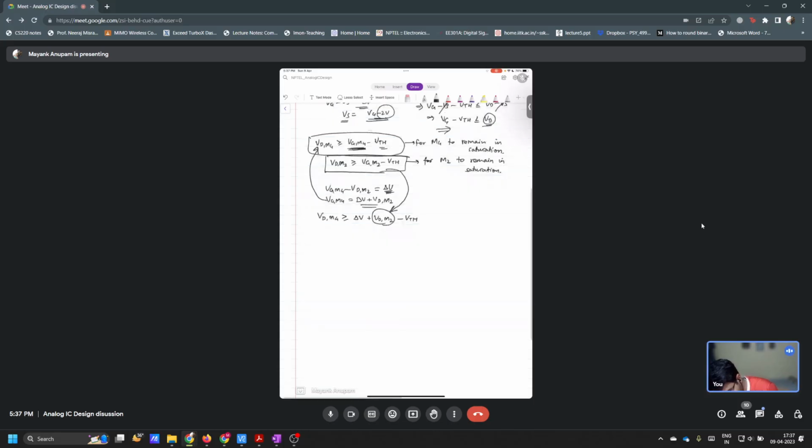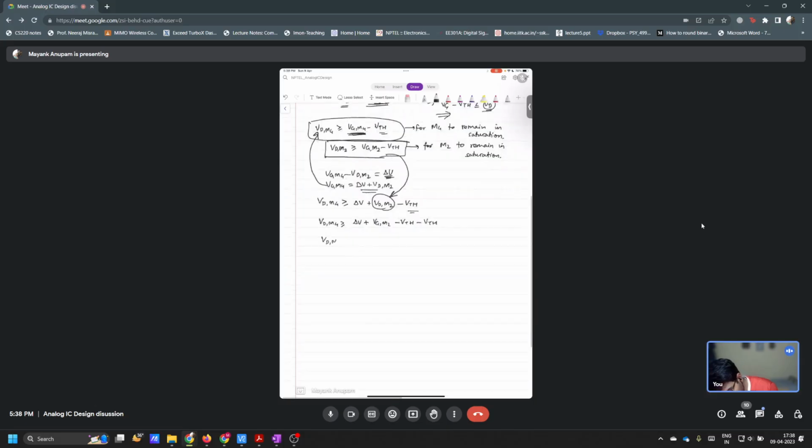So VD of M4 is greater than or equal to delta V plus VD of M2, which has to be greater than VG of M2 minus VTH, and then again minus VTH. Fine. So VD of M4 has to be greater than delta V plus VG of M2 minus 2 VTH.